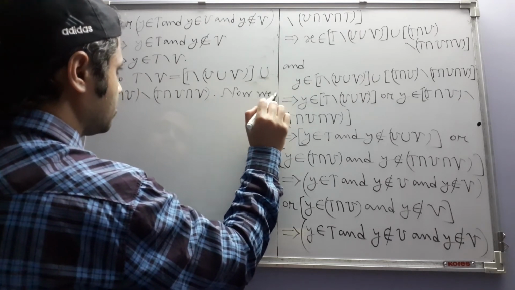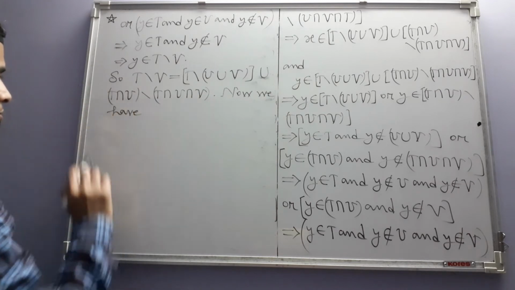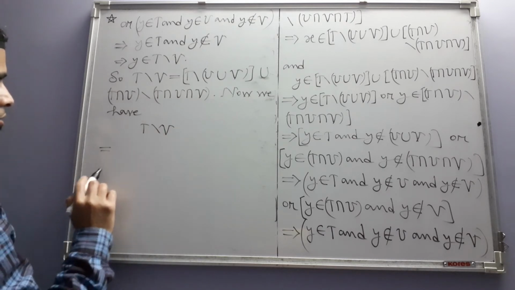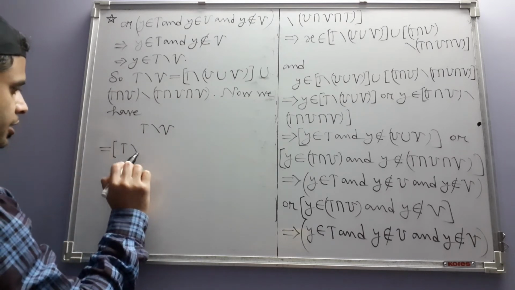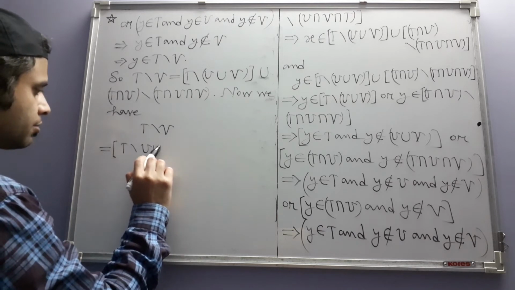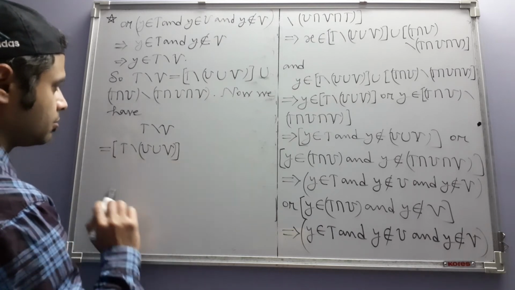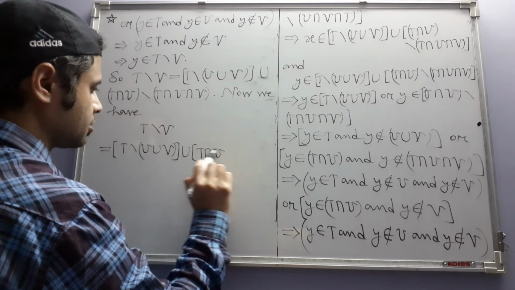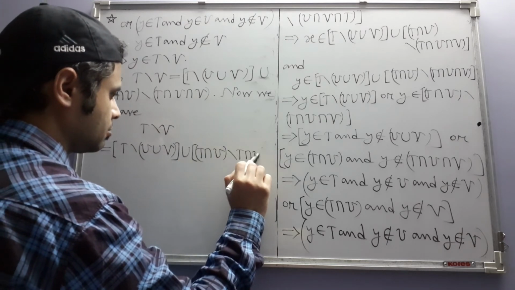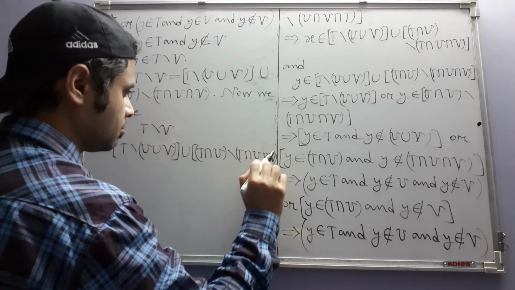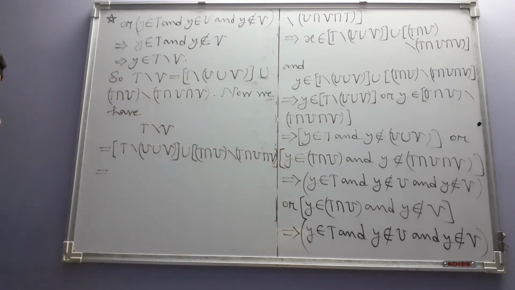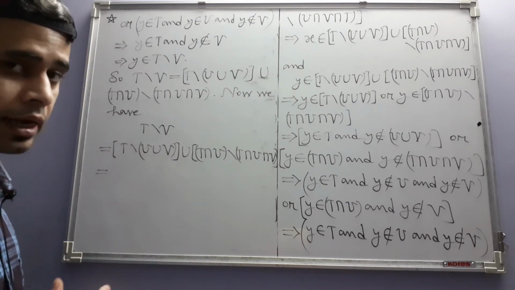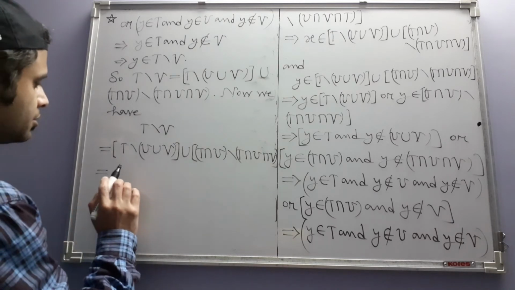Now we have T difference V equal to, let us now investigate this new identity we have found, union T intersection U difference. Now I am going to write something which is like one of the De Morgan's laws, and it can be proved also.